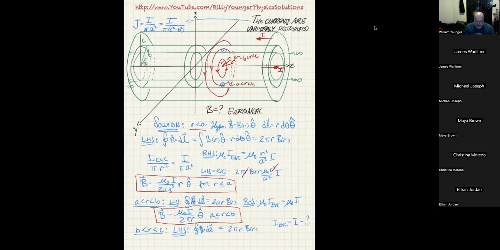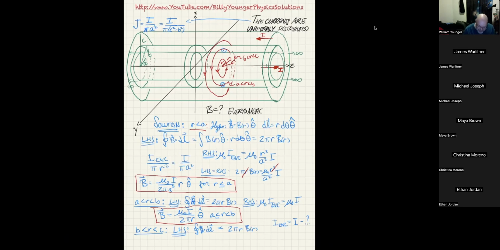Below the wire, it's in, behind the wire, it's up, and above the wire, it's out of the page. Well, that's exactly in the opposite orientation for the current direction. The current's going in the opposite direction that my right thumb points when I put my fingers in that way. So that's why I put the minus there.